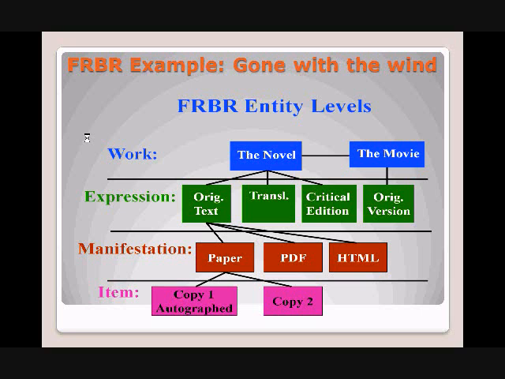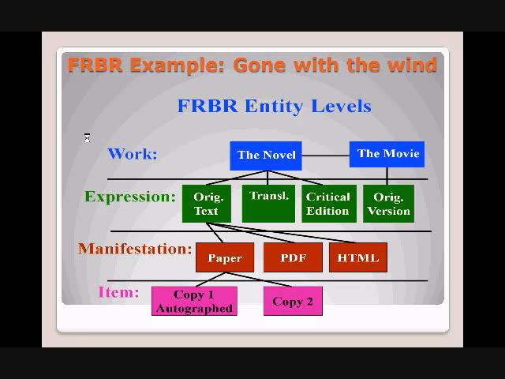For Gone with the Wind, the novel, we have as an expression the original text, we have the critical edition, and we have the translation. In terms of the movie, we would have the original version as an expression of Gone with the Wind, the movie. There could be later expressions available, but this expression is the original version.